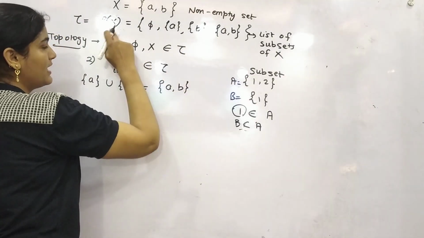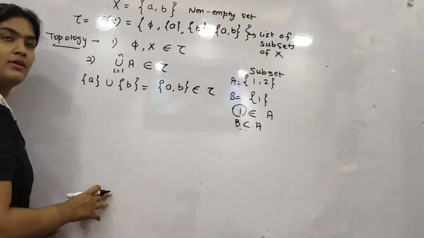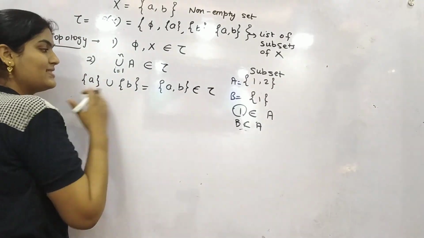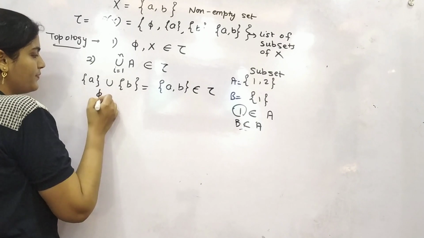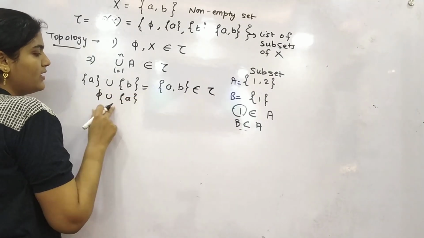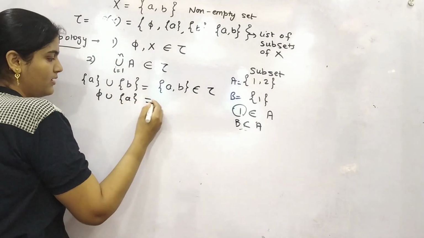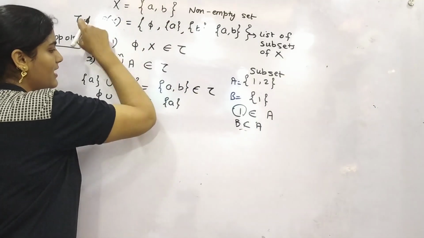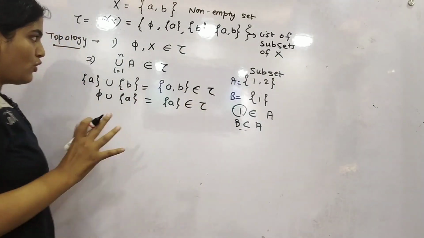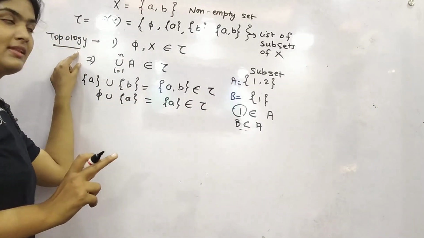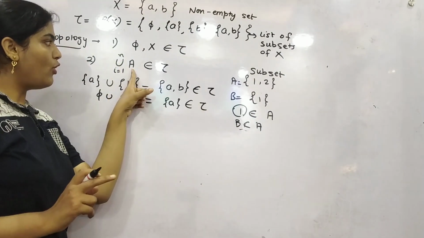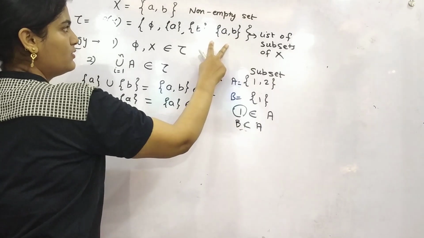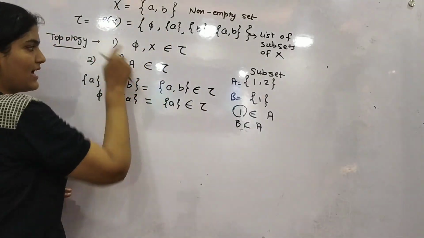And it is in that particular set, right? So it satisfies the second condition. For instance, let's take another example, phi and A. If you do the union of phi and A, you get A, because phi is nothing. And A is in this set. So the second condition says that the union of any of these finite elements should be in that set.